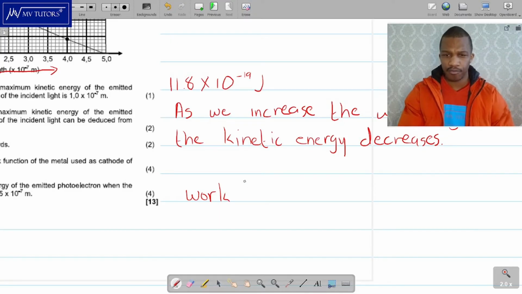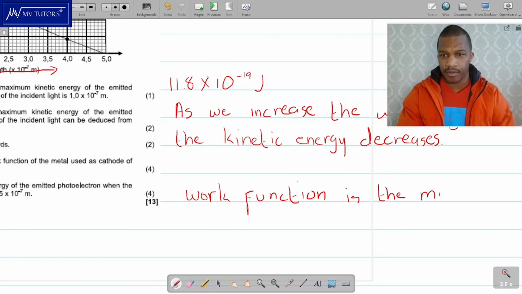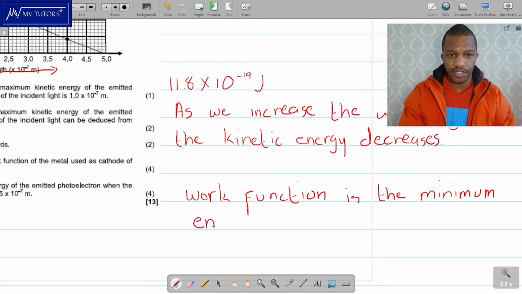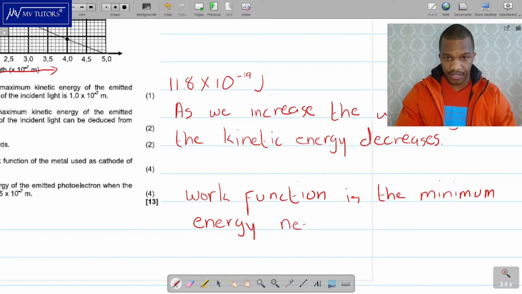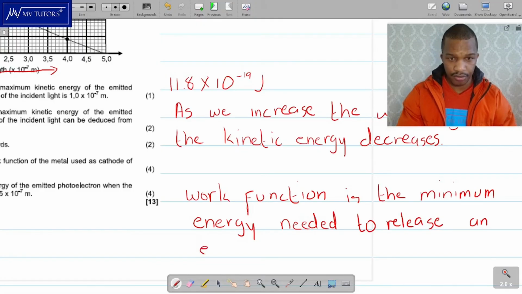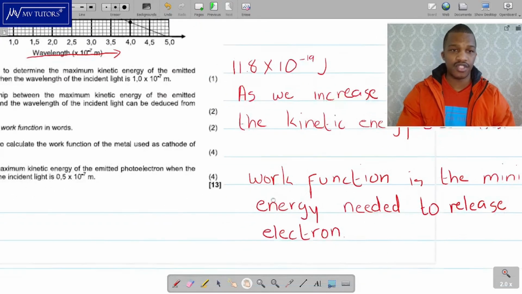So let's say the work function is the minimum energy needed, to use simple English, needed to release an electron. That's all. This is just theory work.